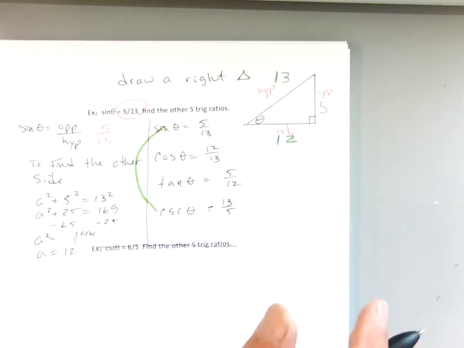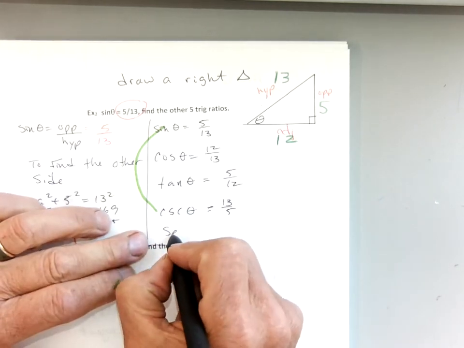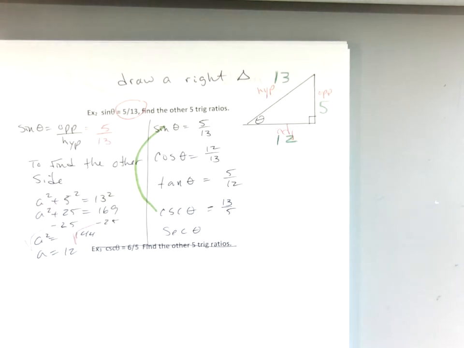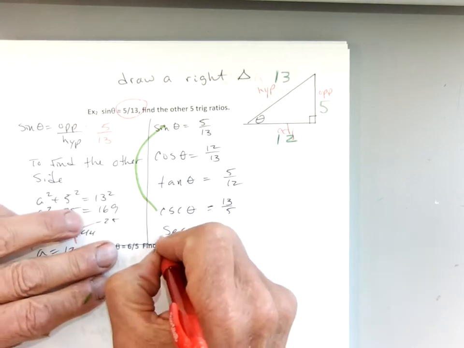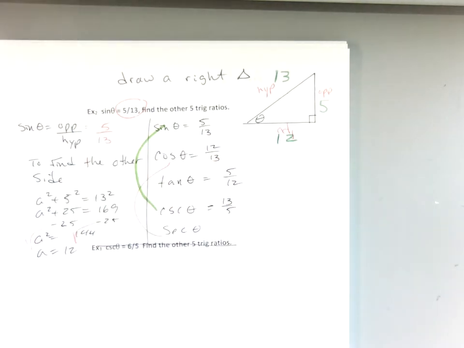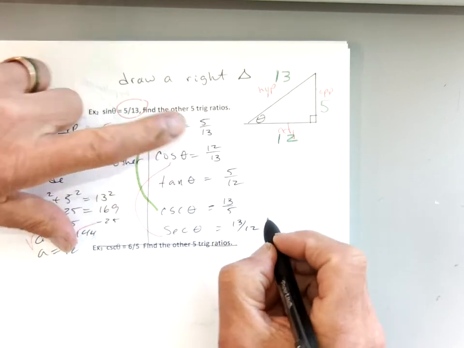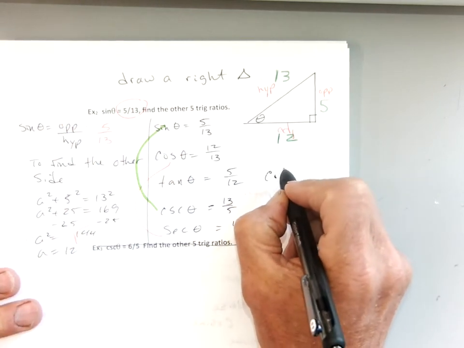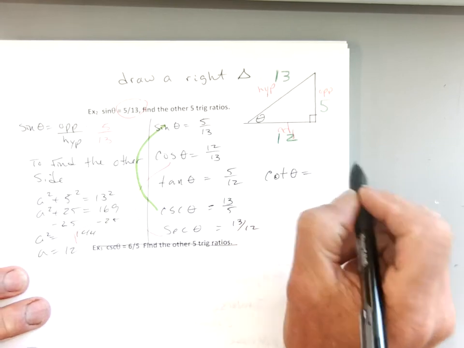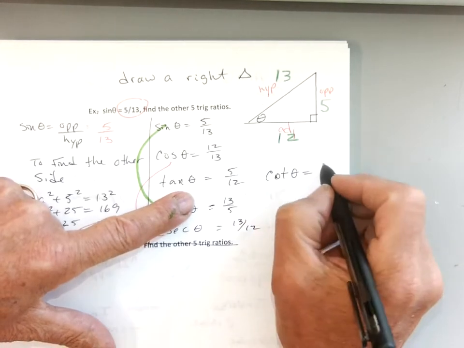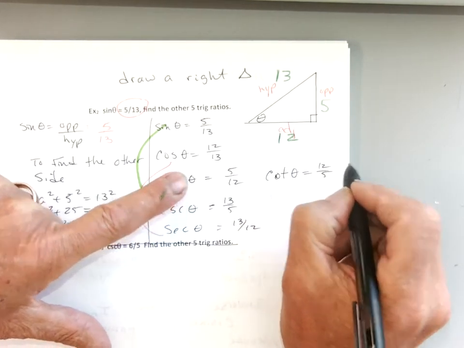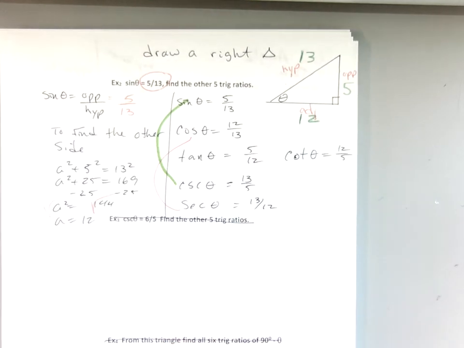That's pretty easy, right? My secant of theta, which is the reciprocal of cosine, is just going to be 13 over 12. And finally, I'll put in my cotangent of theta, which is the reciprocal of tangent, which is just 12 over 5, okay? All right, now I want to show you how it's used.